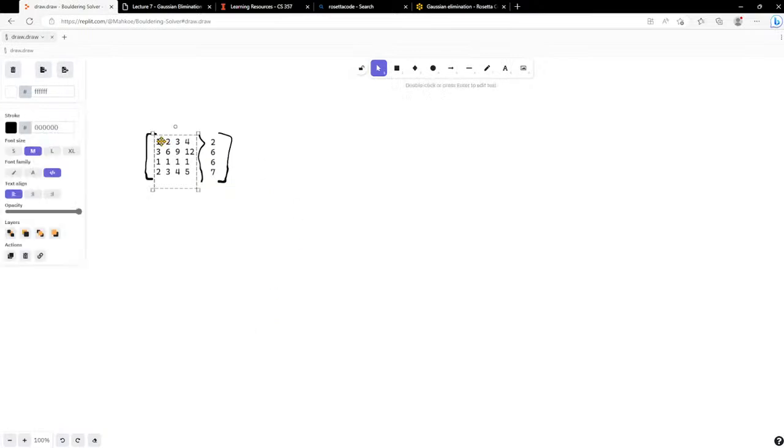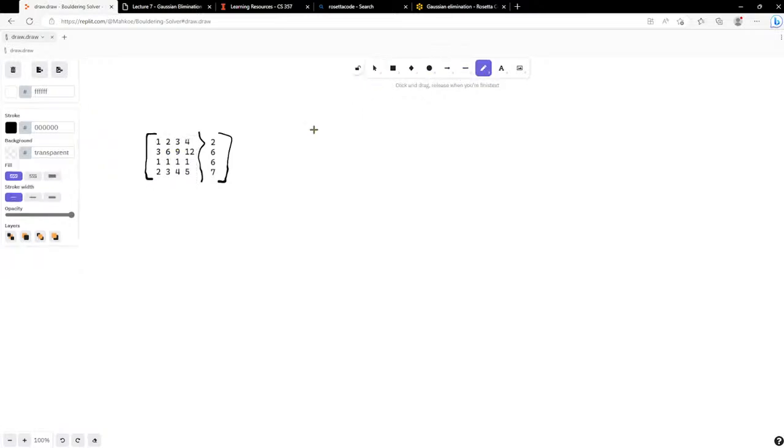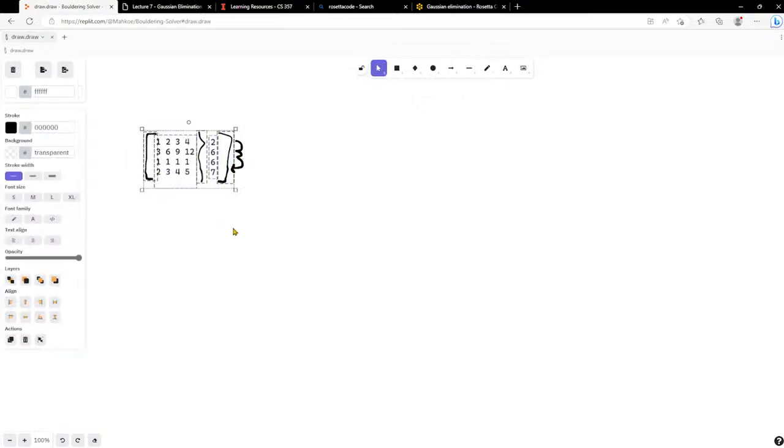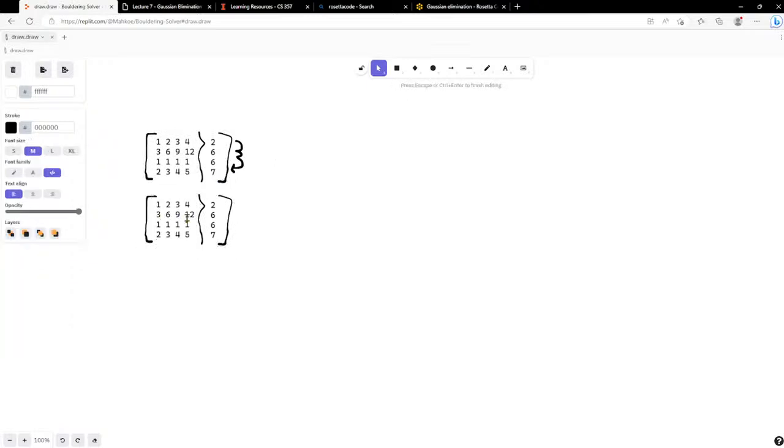So here, the division's already done. And then here we're going to subtract the first row from all the others. This happens no matter what. So let's just go ahead and do that. So we subtract 3 times, so this is actually just going to be all 0. And actually this is going to end up being 0 as well, just by fluke.